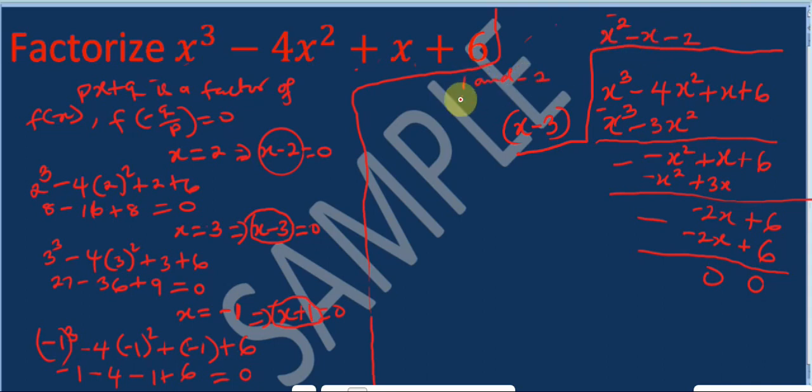So this is going to be x, that is 1x, and this is going to be minus 2x, because this middle term is going to be replaced by x and minus 2x. So replacing it, that is going to give me x squared plus x minus 2x, then minus 2.